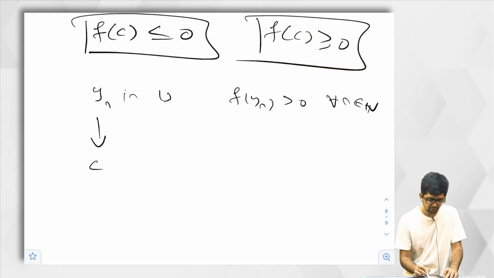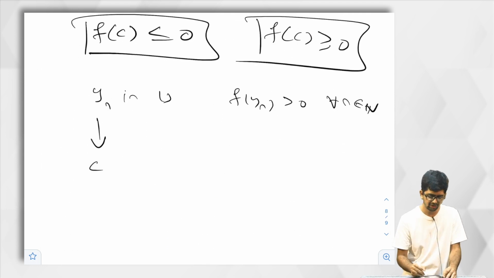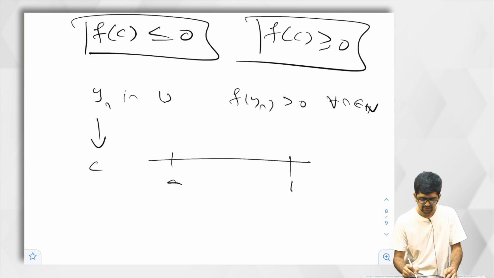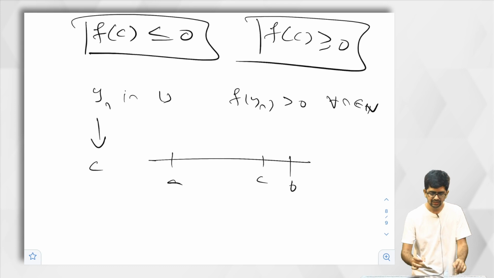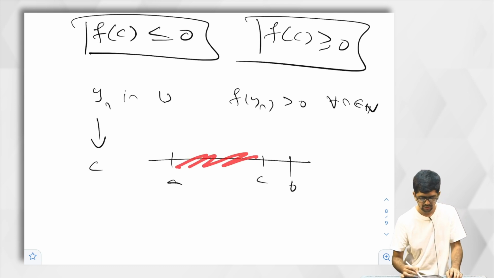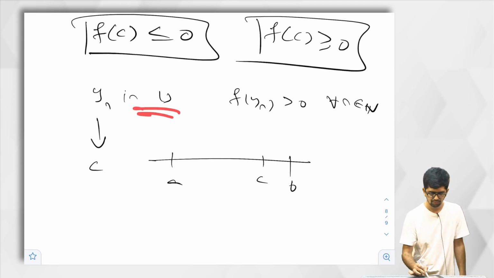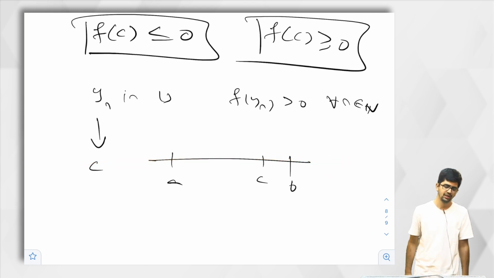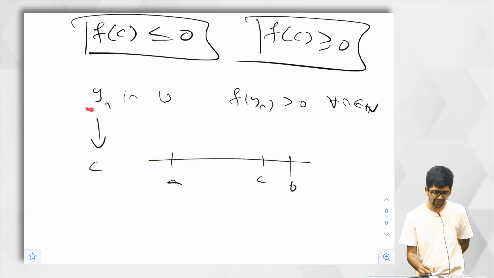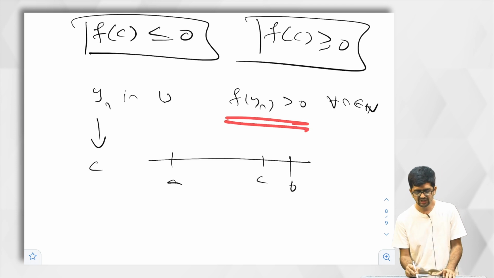Now how do I get a sequence in U that converges to c? So what was the diagram? This is a, this is b, this is somewhere around c. And this whole part, this is E. I am looking for elements in U. Let us assume this whole thing is U. So I need to get some element y n inside U such that y n converges to c, and this should be the condition.